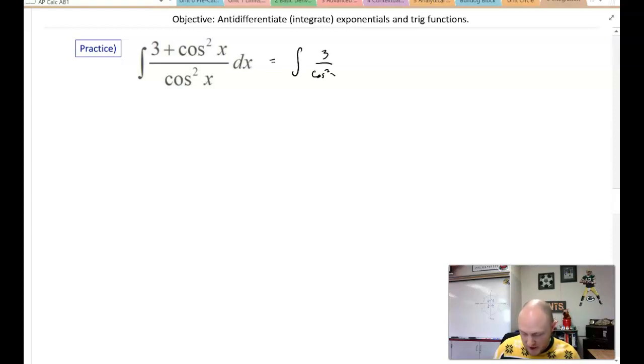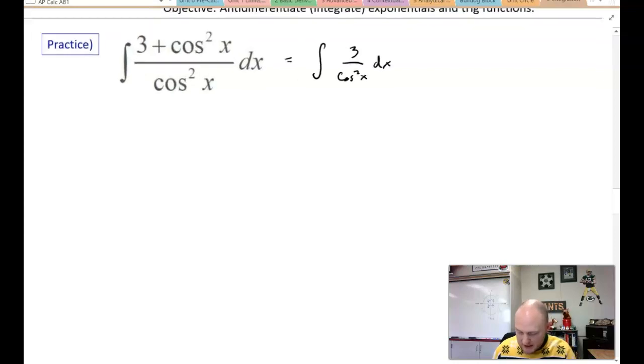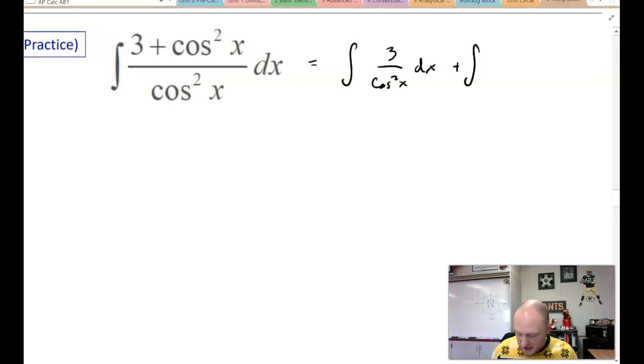The integral of 3 over cosine squared x dx plus the integral of cosine squared x over cosine squared x dx. If you rewrite this, you'll notice that you have 3 over cosine squared x dx.